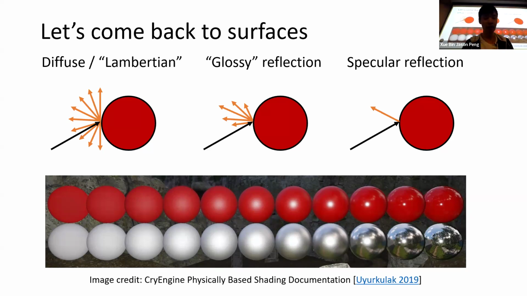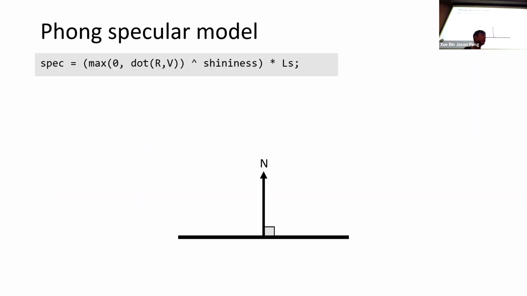So next we're going to take a look at some more sophisticated lighting models that allow us to approximate reflections on these glossy surfaces. First, we're going to take a look at how we model specular mirror-like reflections on smooth surfaces.